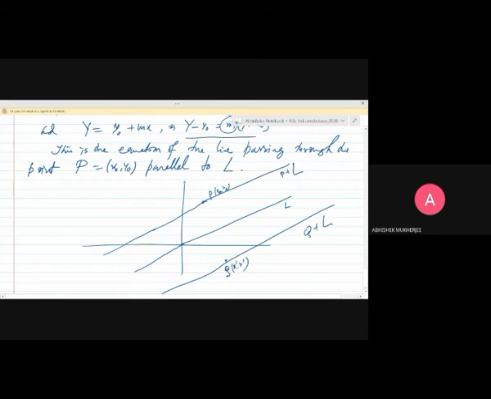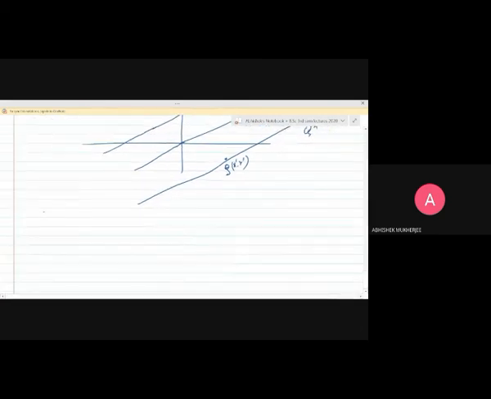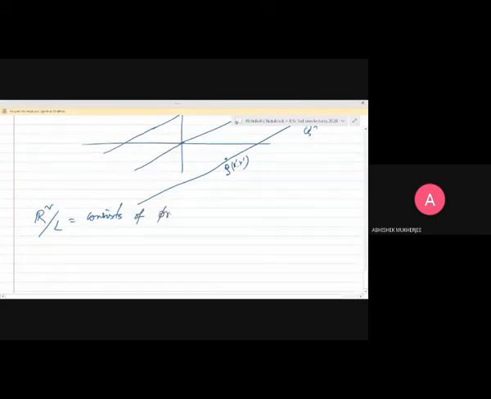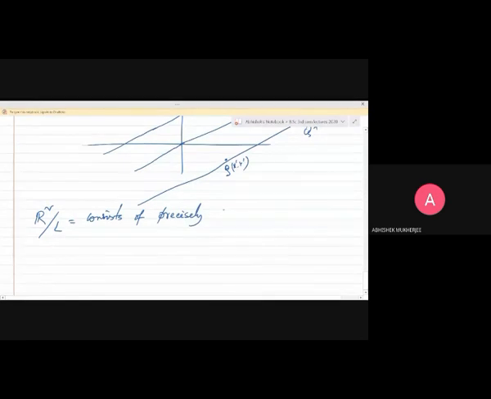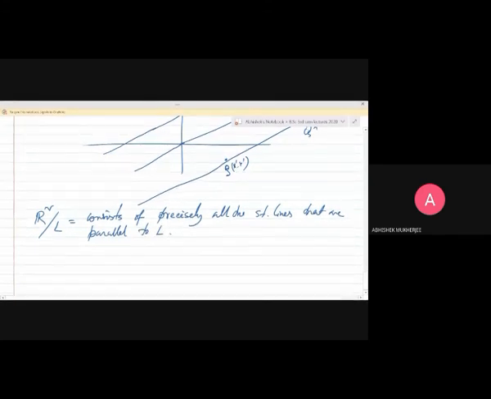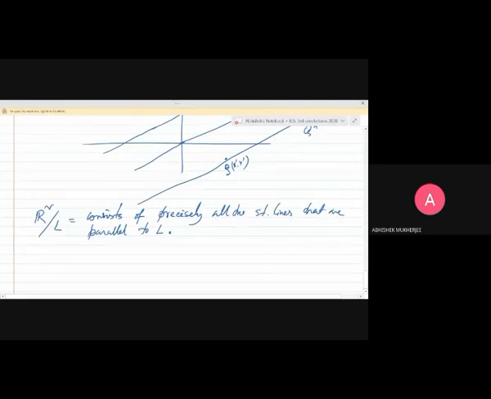So therefore the factor group R2 modulo L consists of precisely all the straight lines that are parallel to L. Okay, fine.